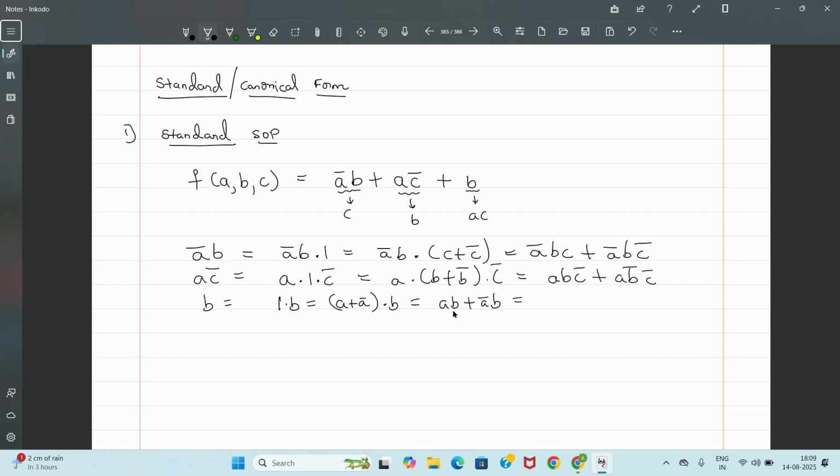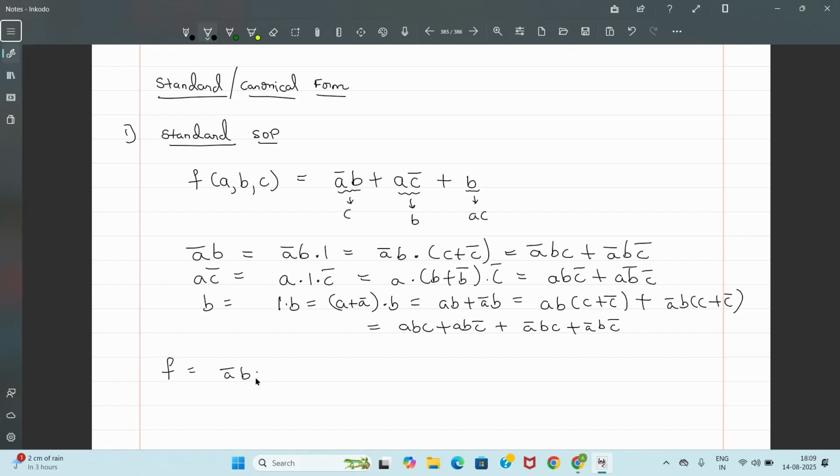Now in both of them, c is missing, so I can include it like this: a b into c plus c bar, plus a bar b into c plus c bar. So I'll get a b c plus a b c bar plus a bar b c plus a bar b c bar. So all three product terms, whatever was missing in them, you have included. Now your final answer will be the sum of all of them.